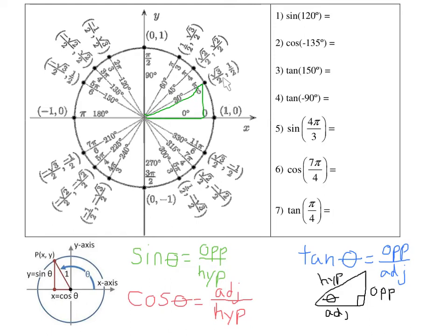Now, if we look at this coordinate in the corner, doesn't that coordinate give me my two sides? If we look at that coordinate, isn't this your x and isn't this your y value? And if I went opposite over adjacent, wouldn't this be your y value and this your x value?